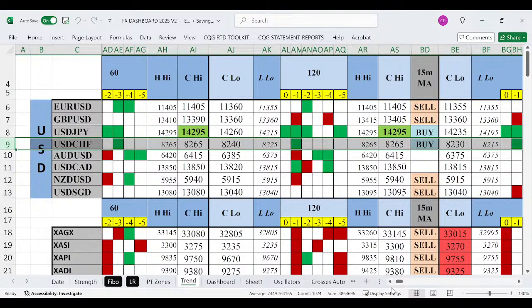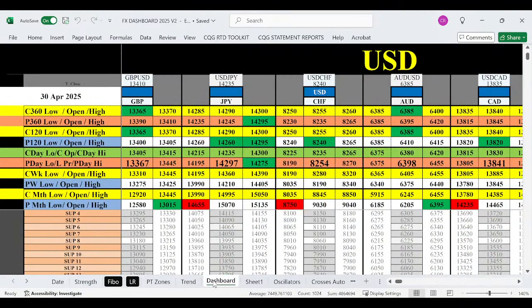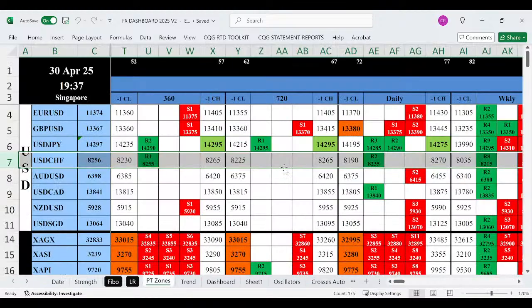So these are the selling levels or stop loss, and right now this is trading near the low, which is 3282. So we just have to see whether the price is going to go lower, or we should be looking to sell a bit higher. So let's get into the PT zones.